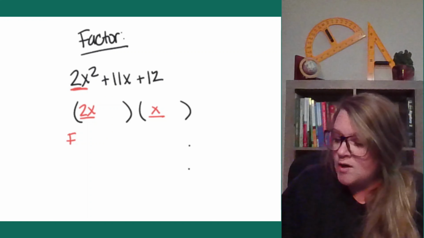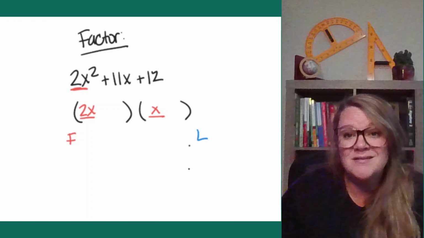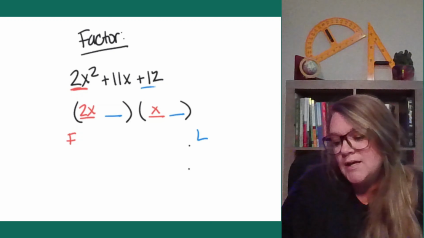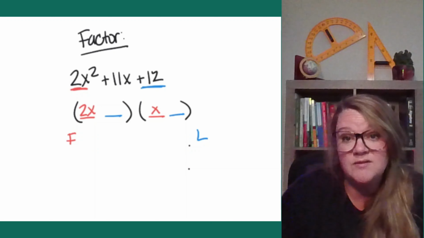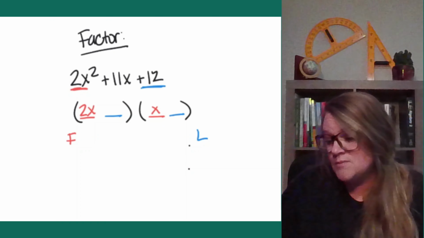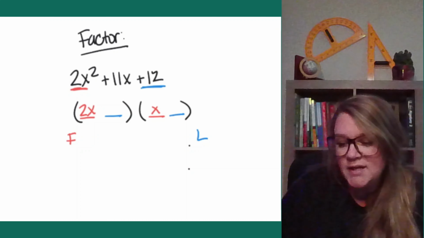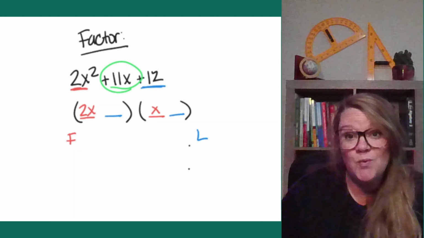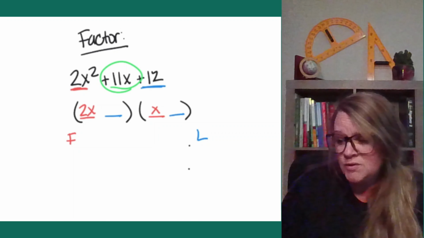Now we need to look at our L step in FOIL, the last times the last. When I multiply this one times this one, it has to multiply to a positive 12. Now, unlike the last ones, we cannot be thinking, what can I multiply to 12 but add to give me an 11. And I'll show you why that happens in a little bit here.